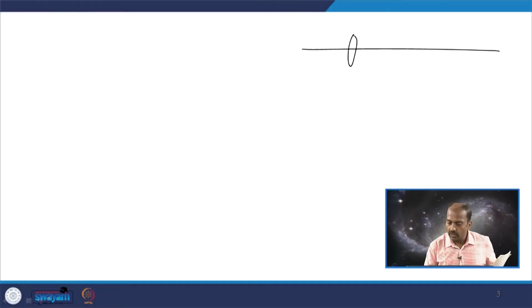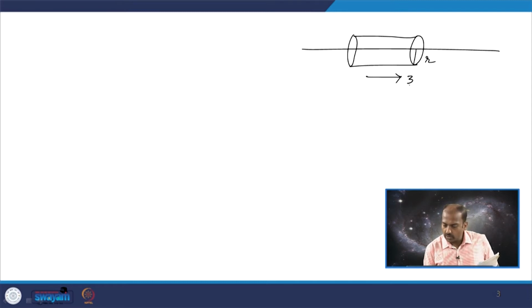If the particle is gyrating, the magnetic field should not change much within the particle's orbit radius, but over large distances the magnetic field is of course changing, right? Now let's say the geometry is cylindrical again. So we take a cylindrical geometry like this. The coordinates are, this is the r coordinate and this is the positive z, and the anti-clockwise direction is the phi direction.